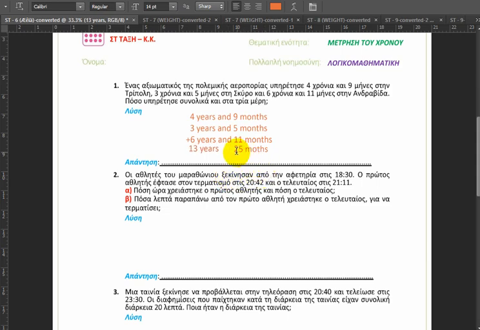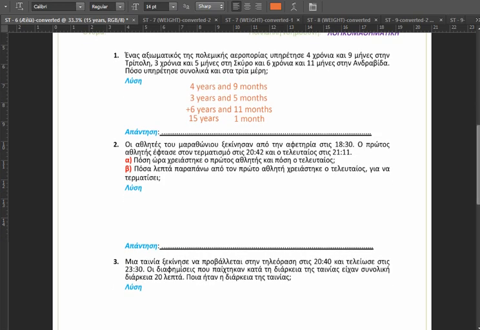Now take notice that we have 25 months. 1 year has 12 months. So 25 months is 2 years and 1 extra month. So I'm going to take away 24 months, turn them into 2 years, and add them to the years I already have. So my answer should be 15 years and 1 month.